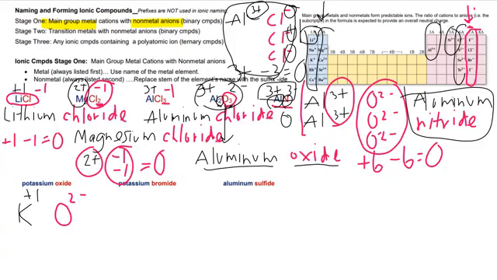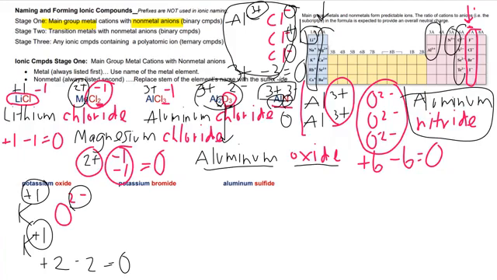Now to get to a neutral compound, we know that +1 and 2- does not equal 0. That actually equals a -1. So I need to add another K+, so I can have a +1 and a +1, which is a +2, with my -2 to have a neutral compound.